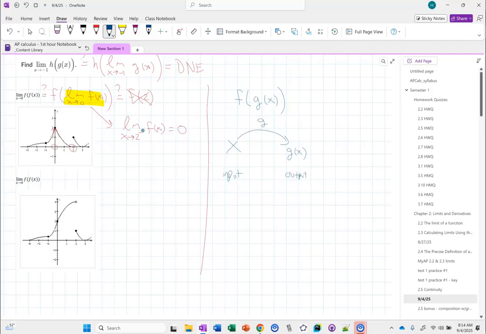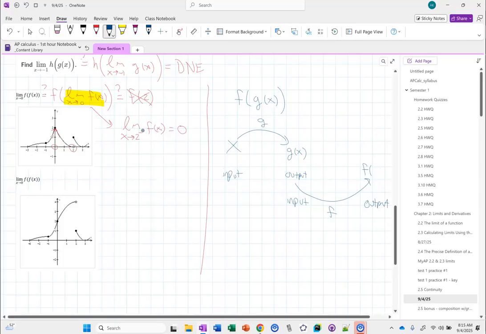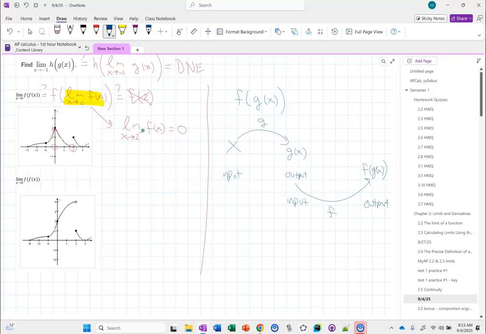Then we take this output, which now becomes my input, plug it into f, and get a new y coordinate, f of g of x. That's kind of what we're doing with a composition as far as inputs and outputs go. Does that look familiar? Okay.